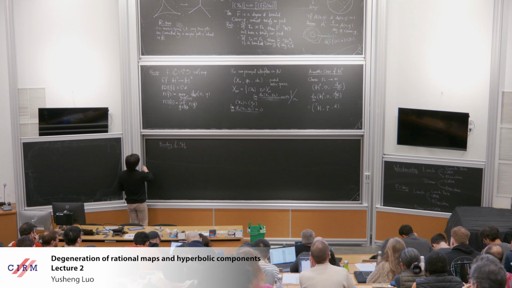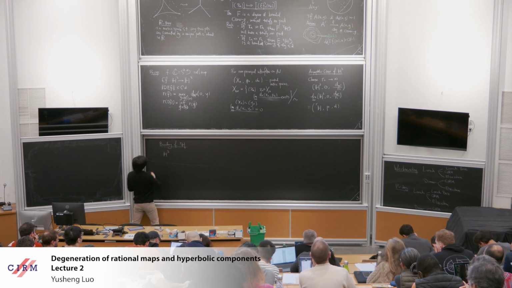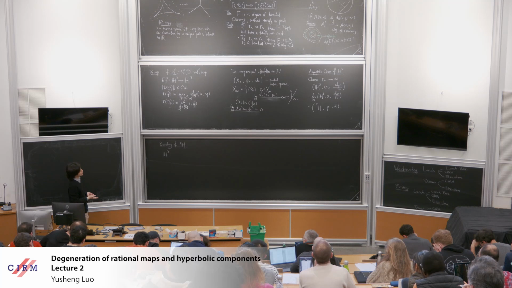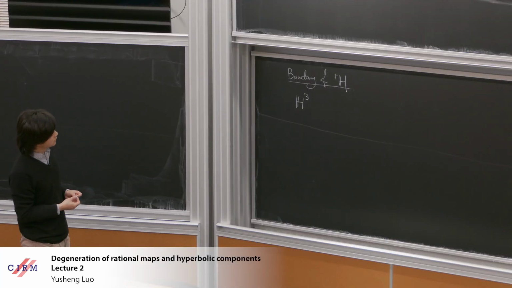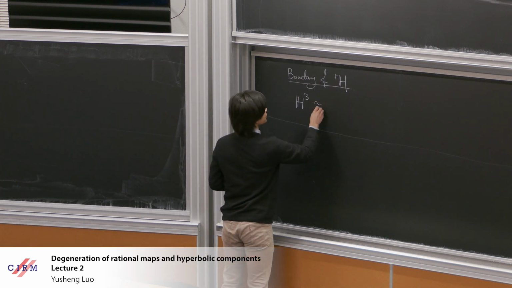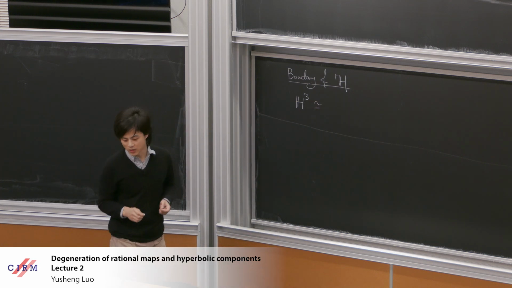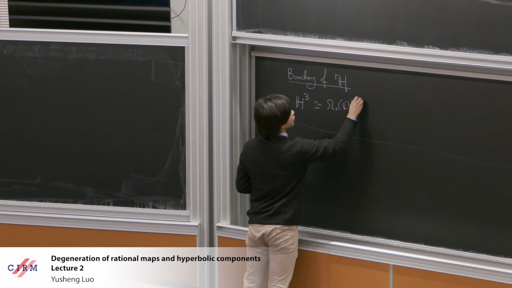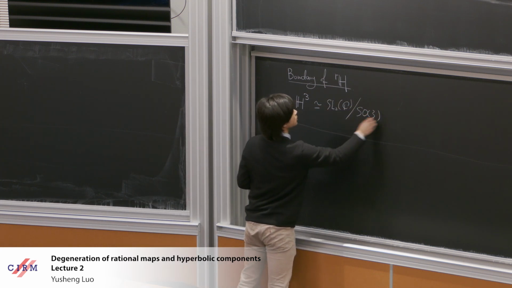Now I want to motivate the connection of this geometric object with some algebraic object. So let's consider this hyperbolic 3-space. This is a very homogeneous space, so it can be identified with something like SL2C modulo SO3.